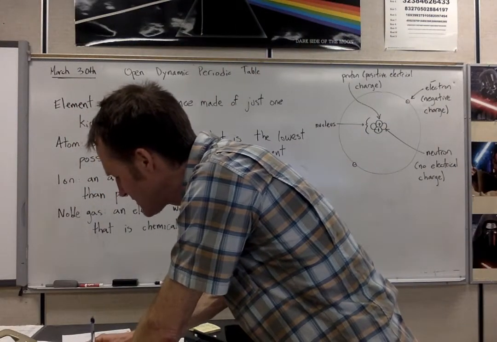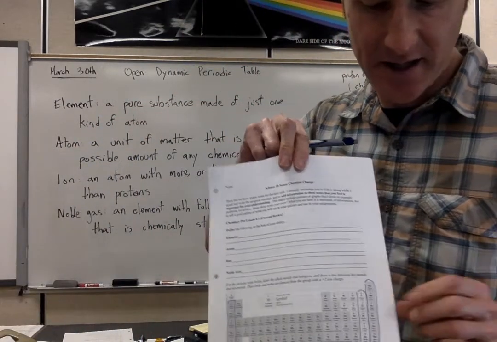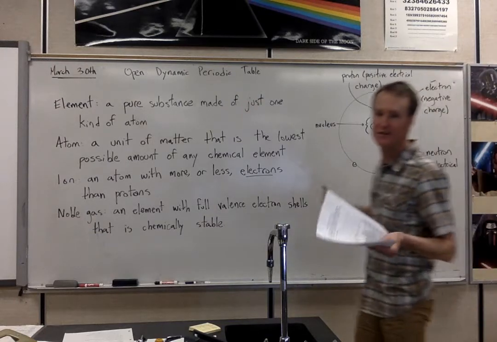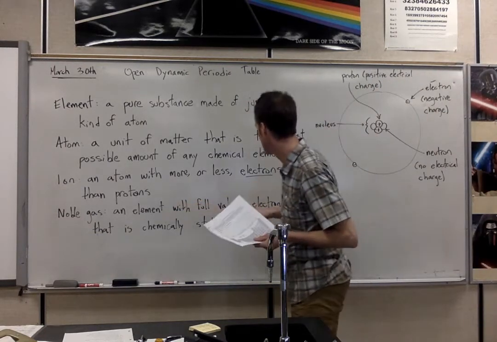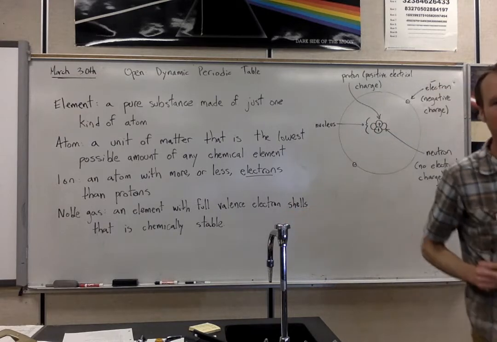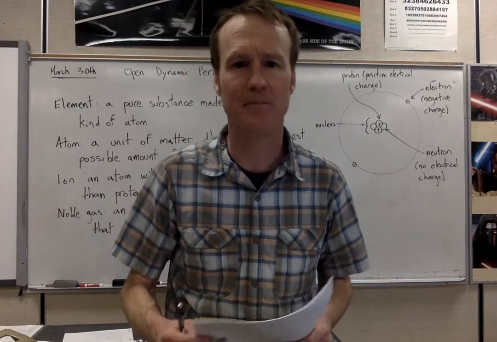Next to the halogens, here, column 18, this group right here that I'm pointing at, these are the noble gases. Noble gases, I described them right here: an element with a full valence electron shell that's chemically stable. So this includes helium, neon, argon, krypton, xenon, radon.